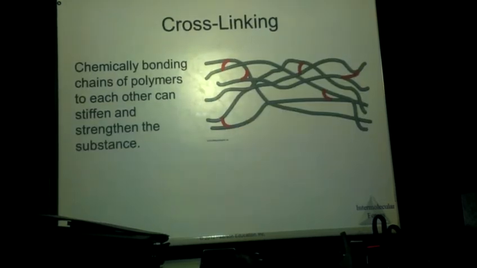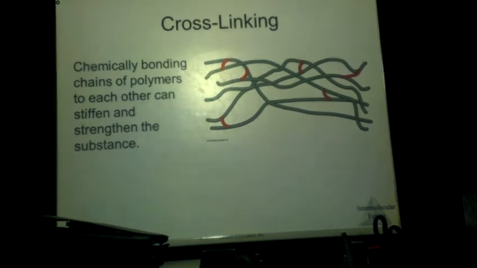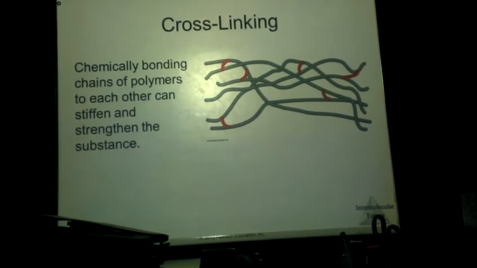Using polymers, we can have something called cross-linking, and cross-linking is chemically bonding chains of polymers to each other. Each of these little red bonds here is where these polymers have been cross-linked.